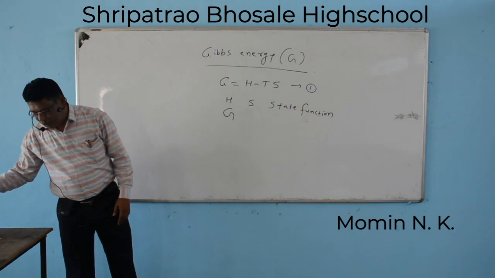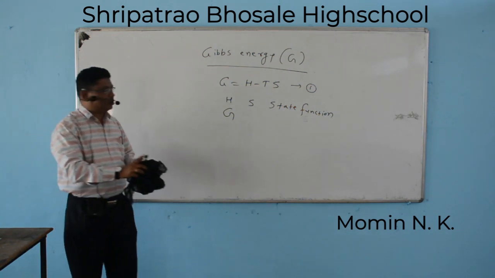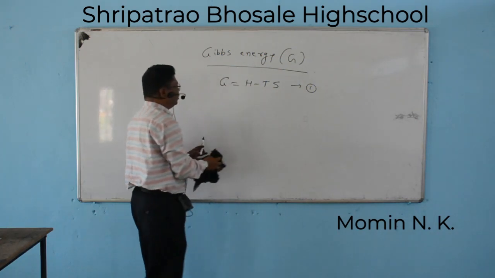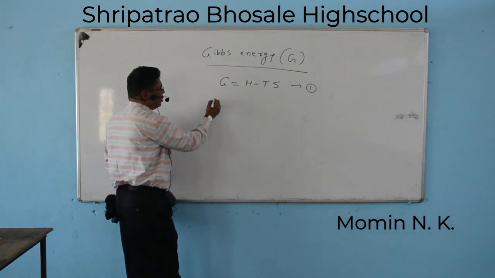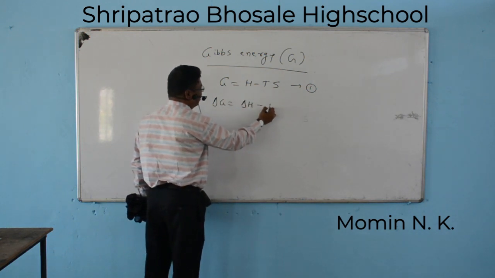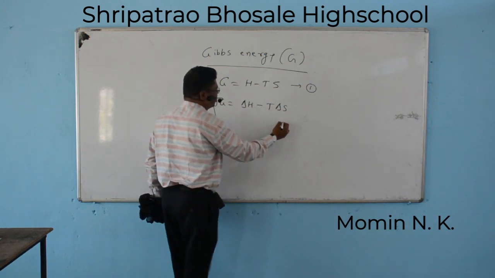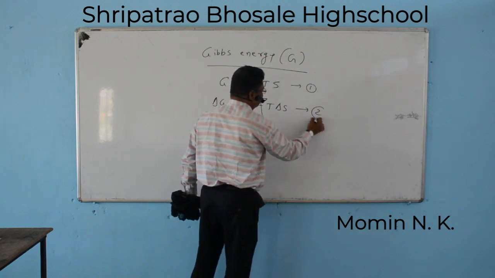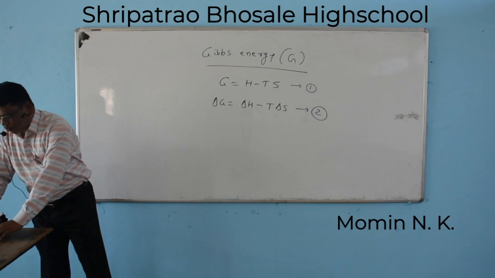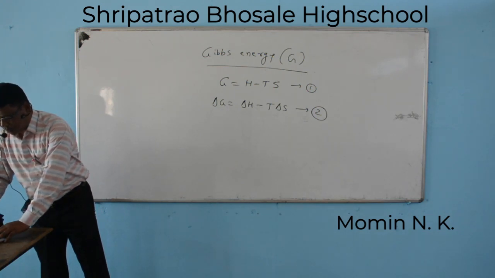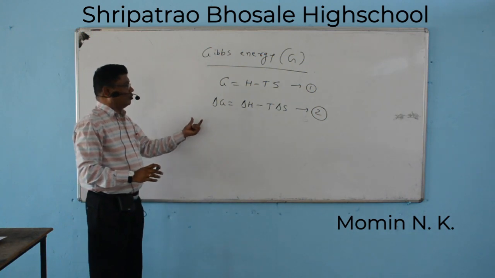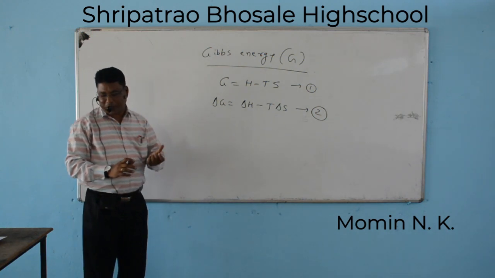Change in Gibbs energy is given by the equation delta G is equal to delta H minus T delta S. Call this equation number 2.